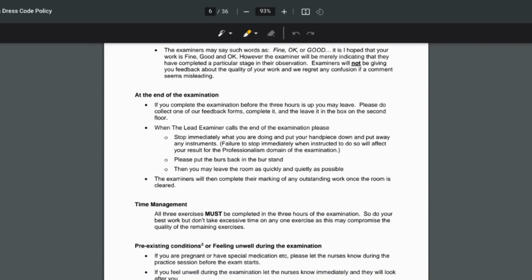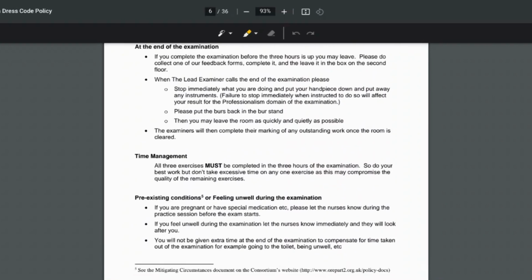Towards the end of the exam, when you complete it, you may leave. If you're lucky enough to complete it beforehand, you will be provided with a few feedback forms.